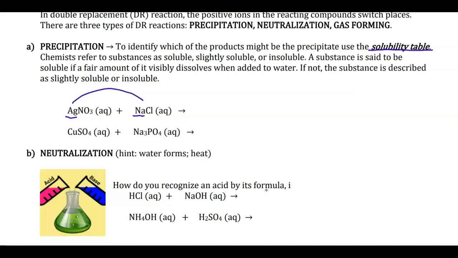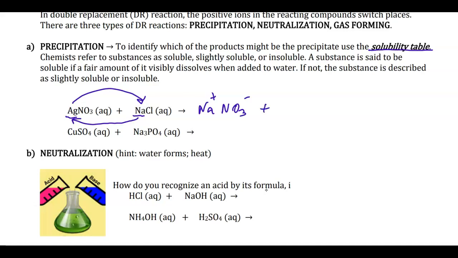So silver goes here and sodium goes here. So sodium nitrate. According to the solubility table, we put charges sodium plus, NO3 negative, right? So positive and negative charges are equal to each other, so no additional subscripts are needed here.